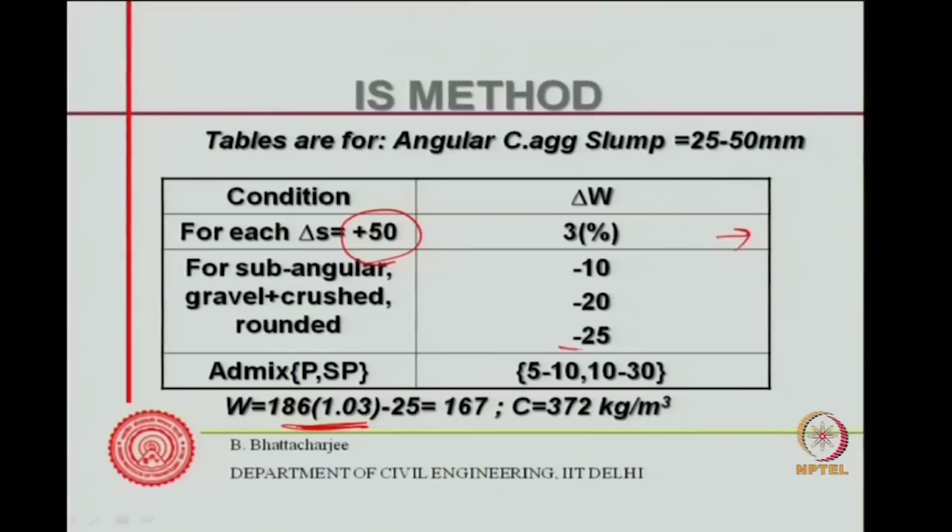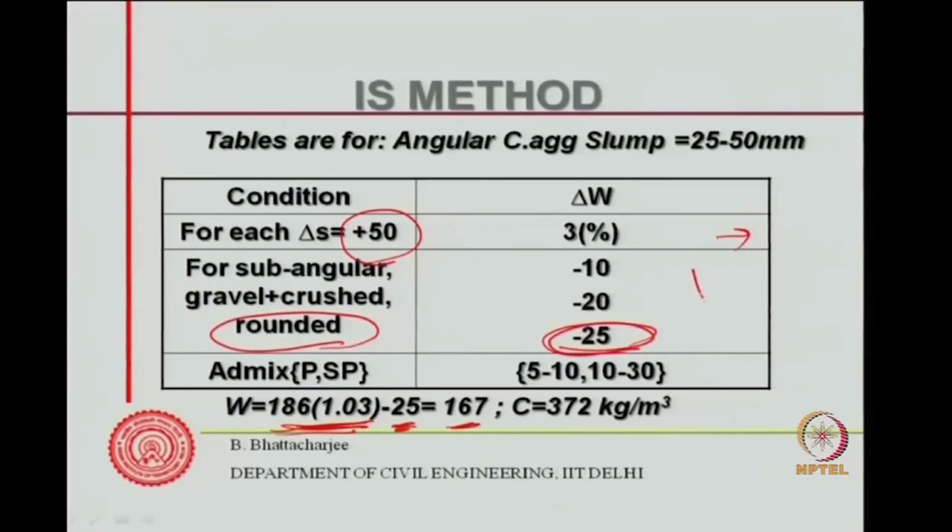My aggregate is rounded, so I subtract, because for rounded aggregate, since their packing is better, they consume less water in the mix for the same workability. Paste content will be less, packing better, so therefore minus 25. So my water content would be 186 into 1.03 minus 25, which will give me 167.